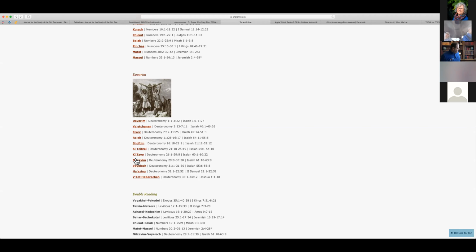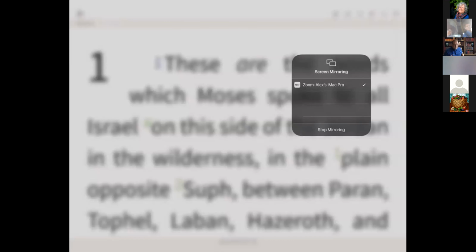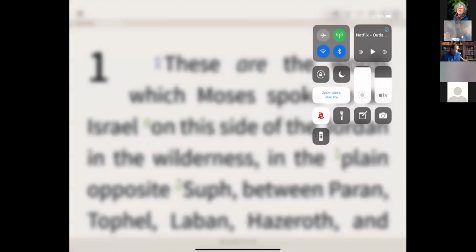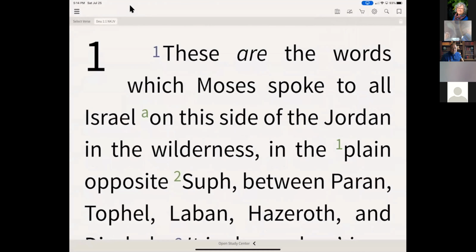In order to do this, we need to read from the beginning. And let me switch. So, these are the words.